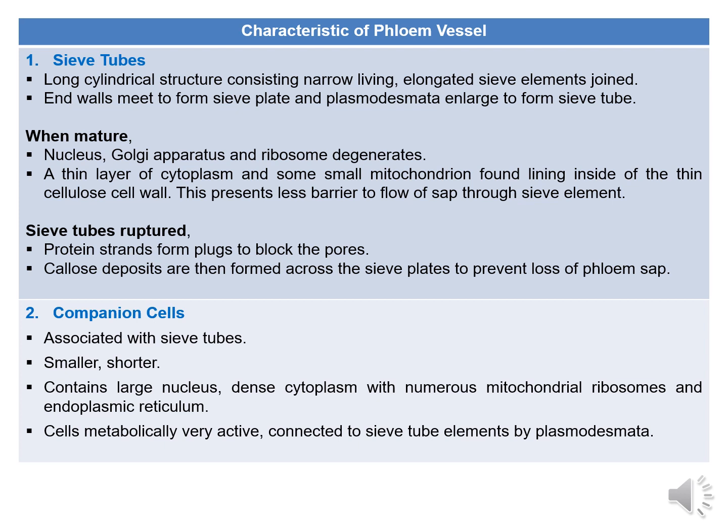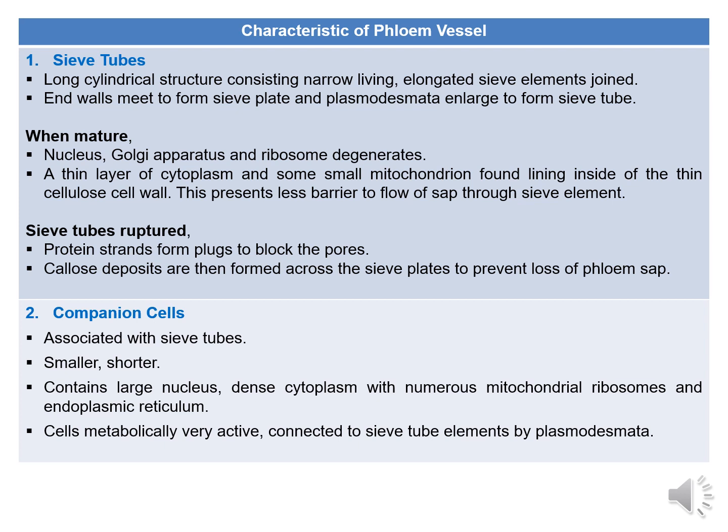The first characteristic is the sieve tube, followed by the companion cell. The sieve tubes are long cylindrical structures consisting of narrow, living, elongated sieve elements which join together.